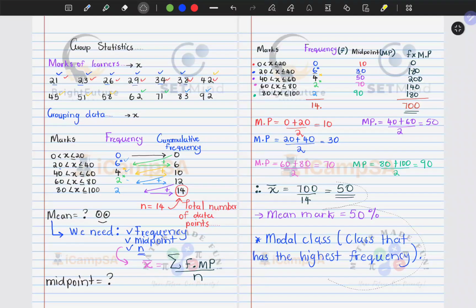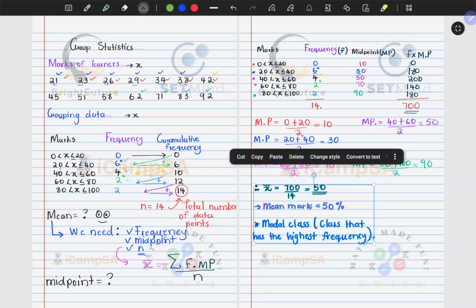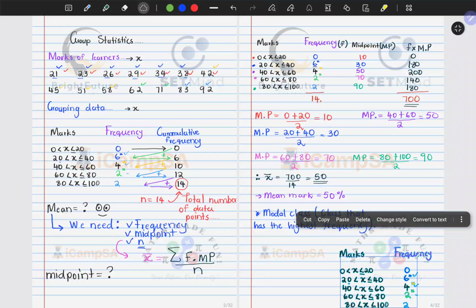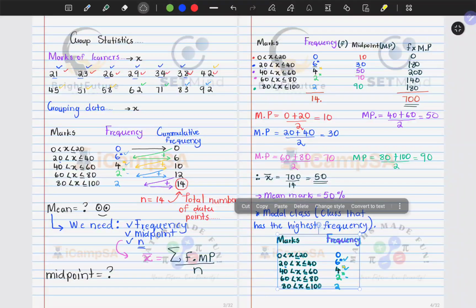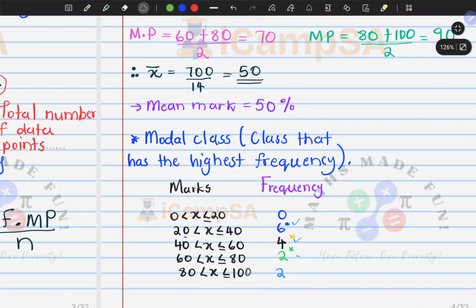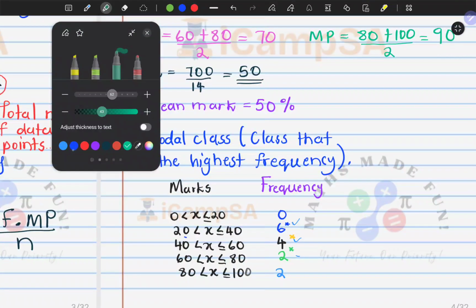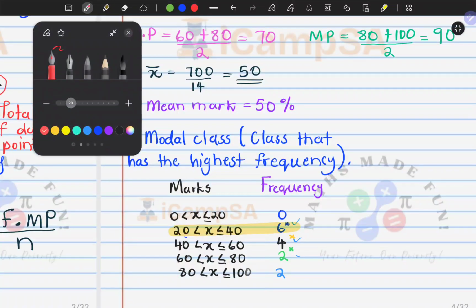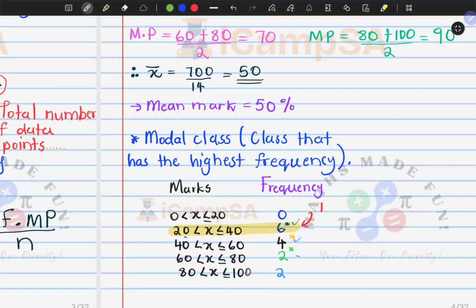So let me create some space and we look at our modal class. You would see that the modal class will be where we have our 6. So for this problem, this here is our modal class, or mode class.